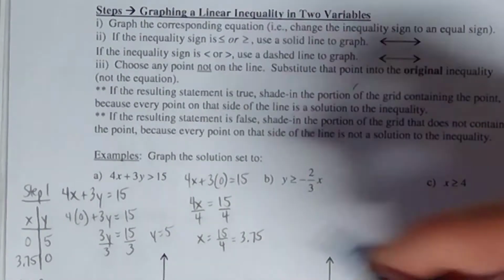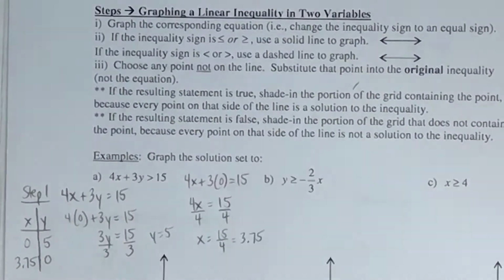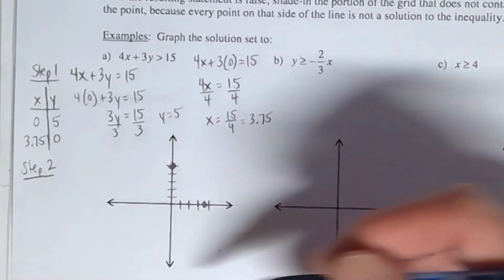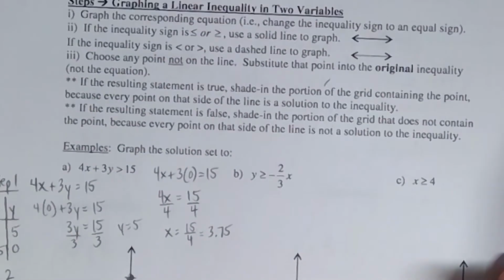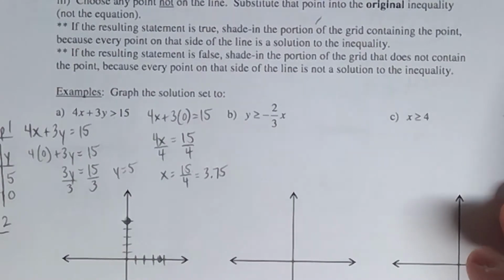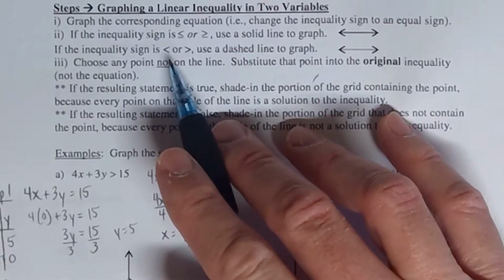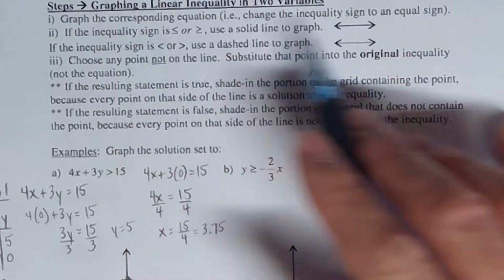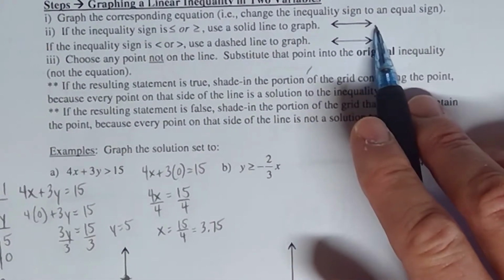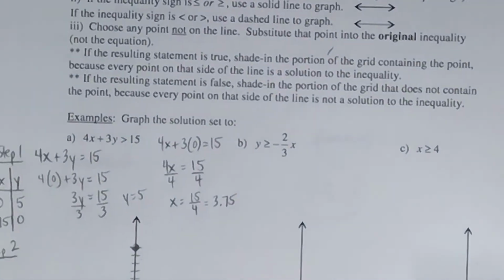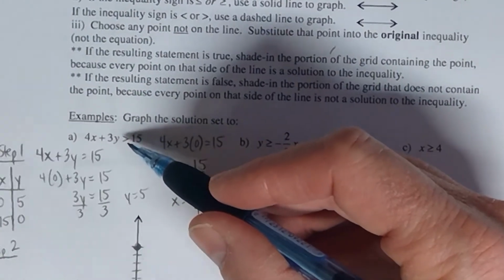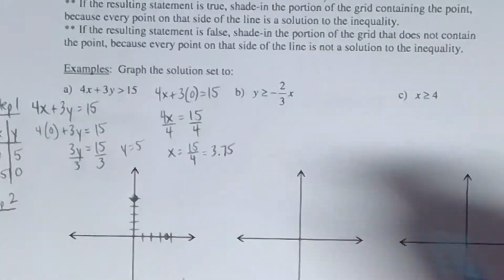But if it's a problem that has two variables and you're putting this on the bigger x-axis, y-axis type graph like this, then you have a line that is a solid line. And if the alligator mouth did not have feet underneath it, then you'd use a dashed line, not a solid line like this. We'll see that in this problem, because you can see that there's no alligator feet here, right? It's just strictly greater than, not greater than or equal to.